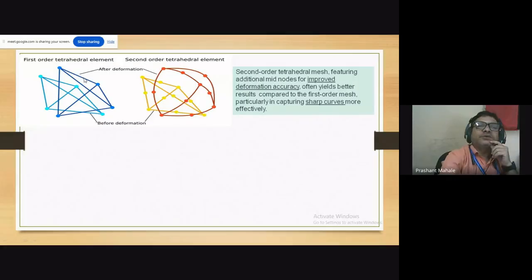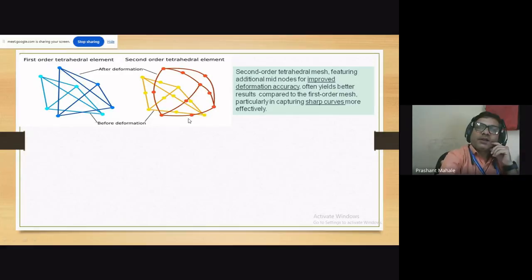After deformation, when it is first order, it looks like this. After deformation it will get expanded due to the forces acting and deformed form. Whereas in the second order tetrahedral element case, you can see that deformation here is having some curve, and actual deformation or bulging is like this only.